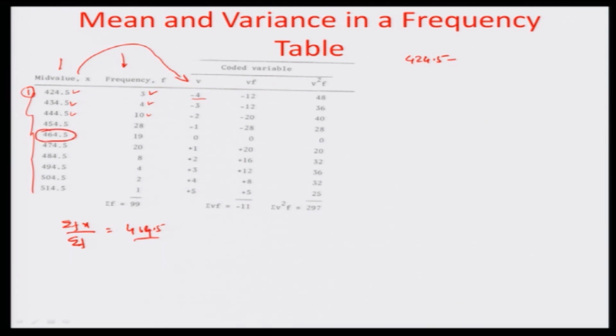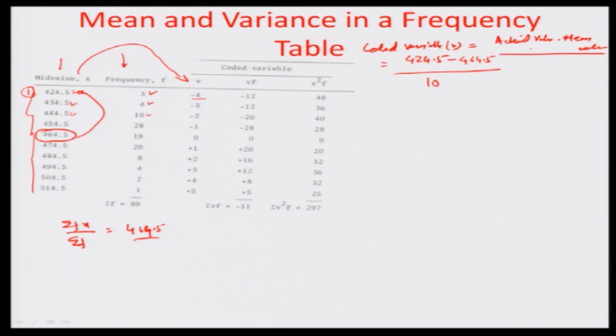So we are trying to take off this value every time: 424.5 minus 464.5 and then divide the whole thing by 10. This is the coded variable. The coded variable v basically means the actual value minus the mean value divided by a factor of 10.